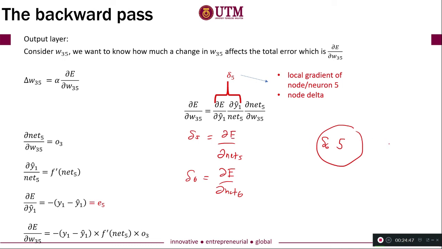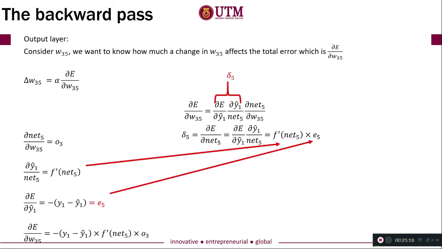The error that happened there is E5, and then E5 will produce delta 5, and then it will propagate the error backward during the backward pass, in the direction from the output layer to the input layer.